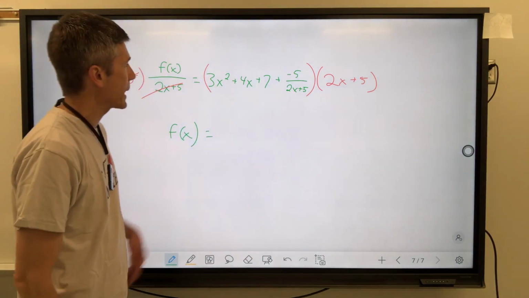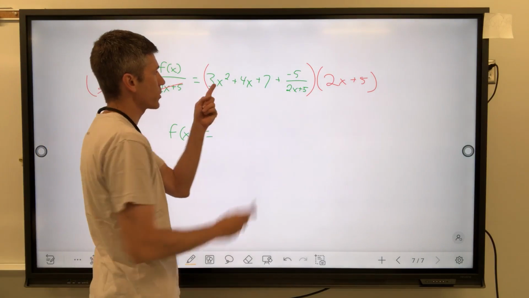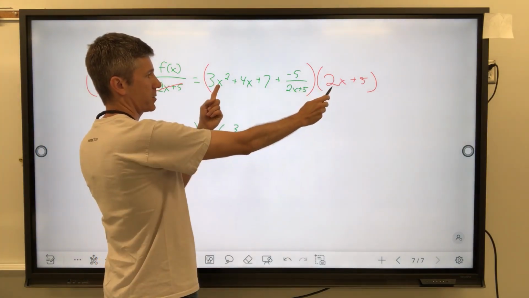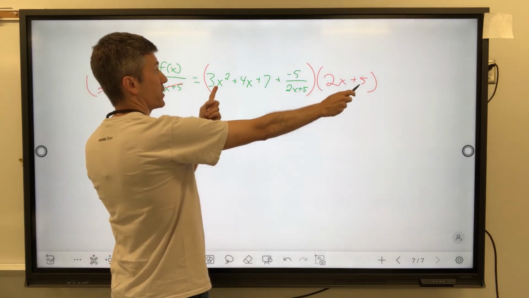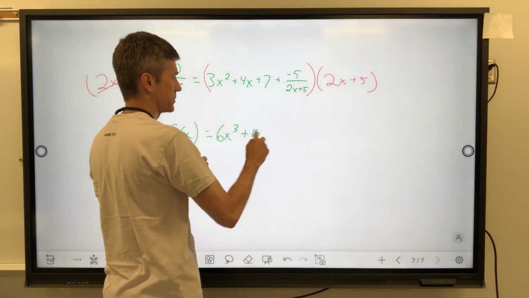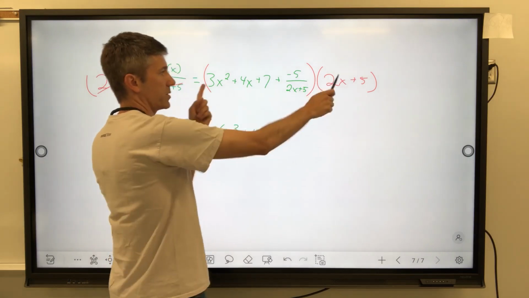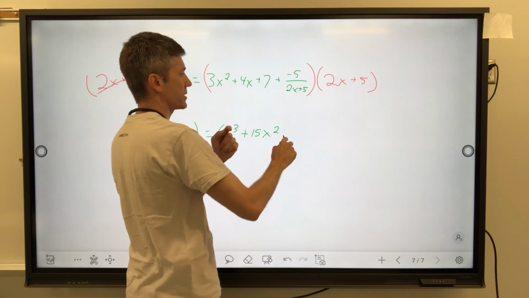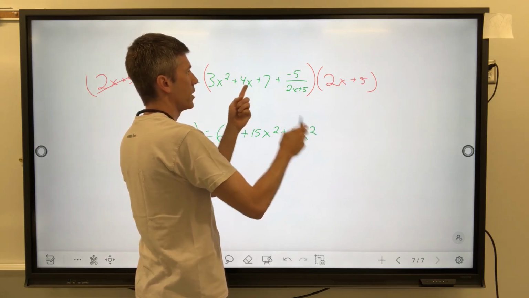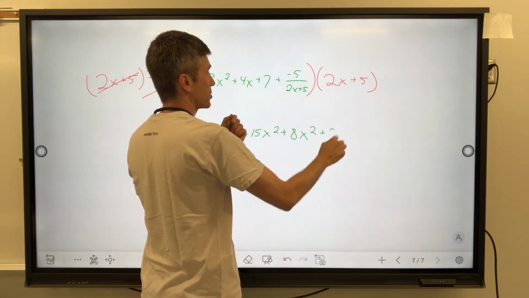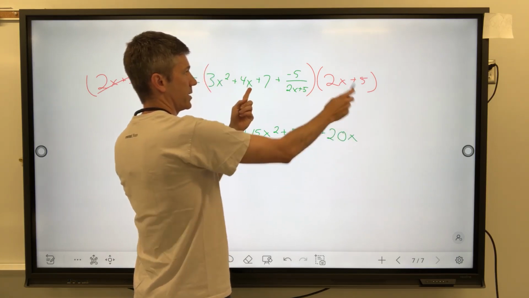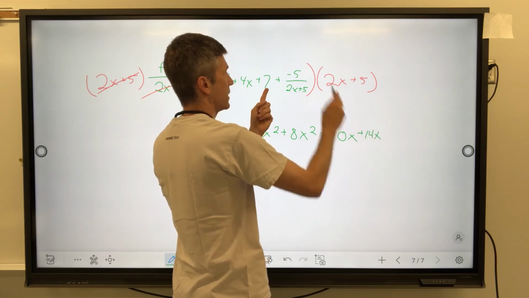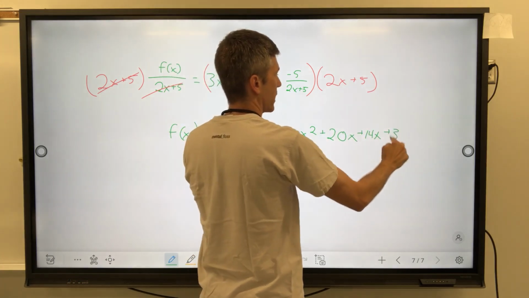Let's see. 3x squared times 2x is 6x cubed. Multiply those. That's 15x squared. We've done these. Now let's do these. 4x times 2x is 8x squared. 4x times 5 is 20x. We've done these. Now we'll do 7 times 2x, that's 14x. 7 times 5 is 35.